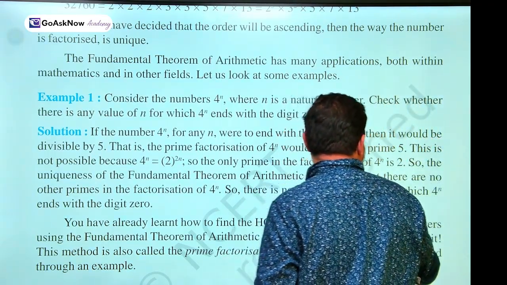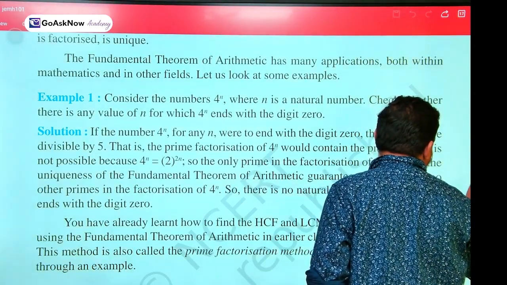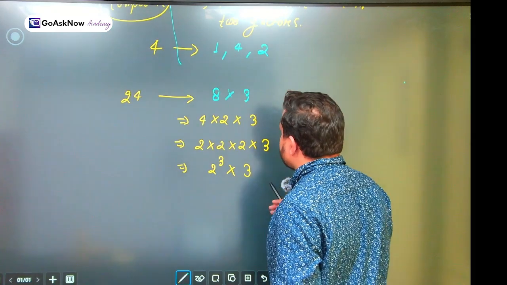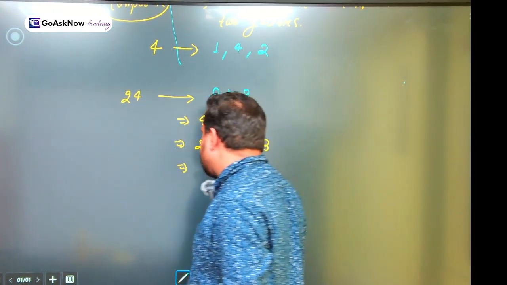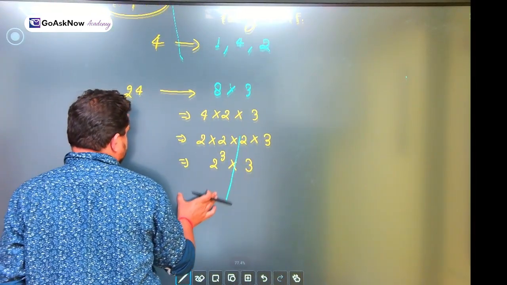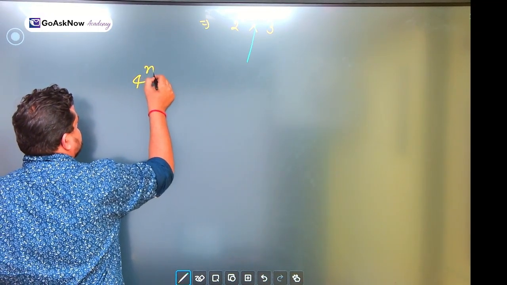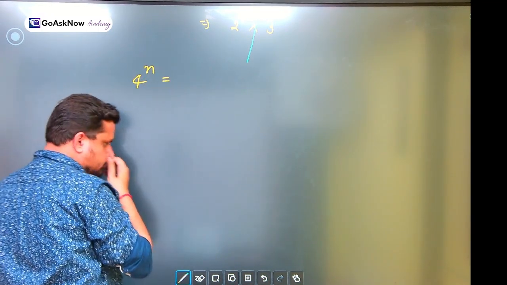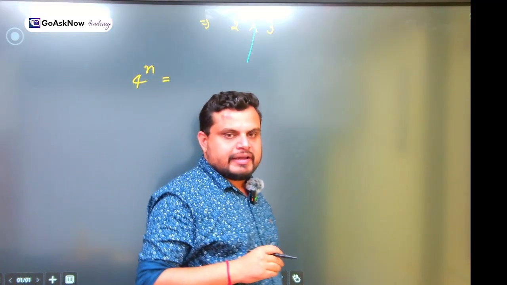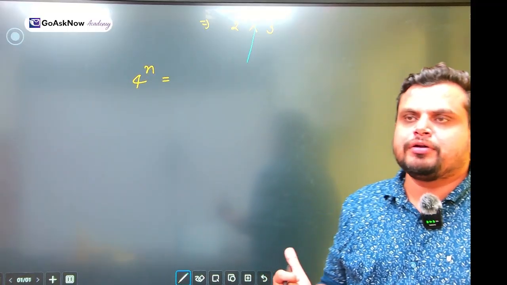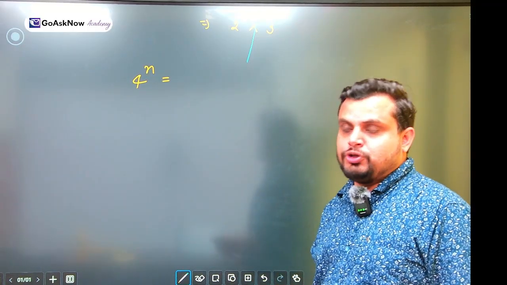Now this is a very interesting question and we will discuss some key concepts. They are asking us about 4 to the power n, and whether for any value of n this number may end with 0.